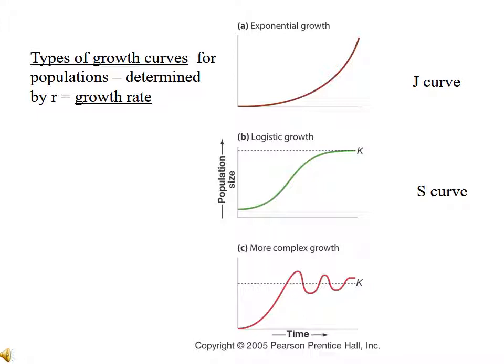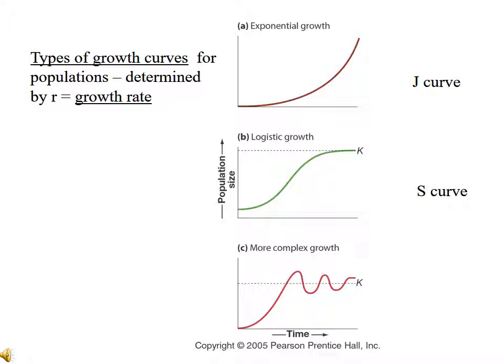Now remember, the growth curve is greatly influenced by the growth rate. To your right, we look at a J curve. The J curve occurs in a population that has basically unlimited resources, and it keeps doubling exponentially. Now, of course, as long as the resources are there, this can happen.